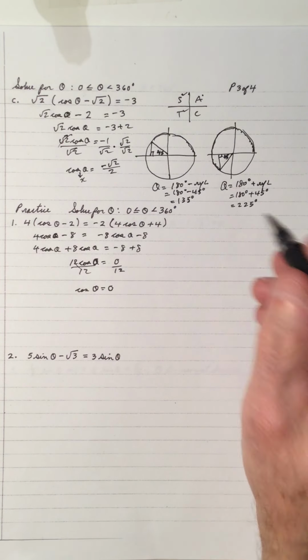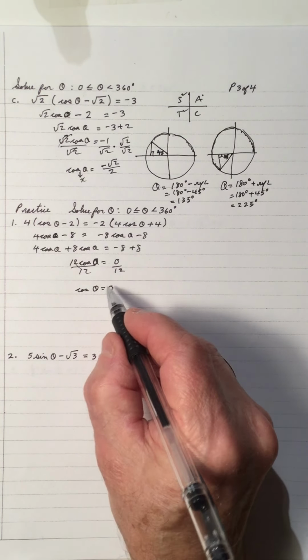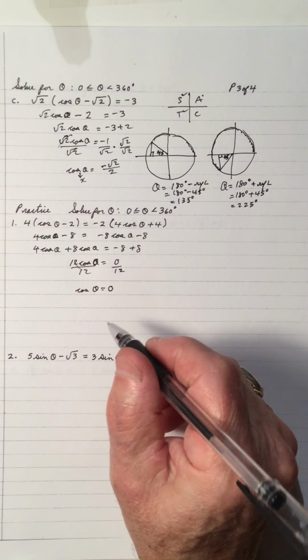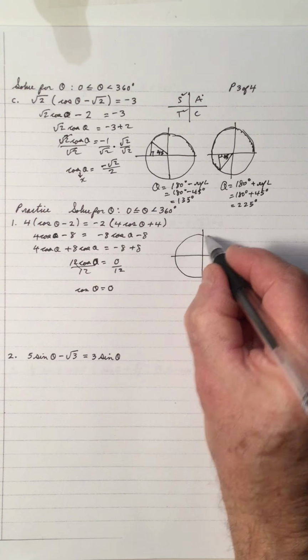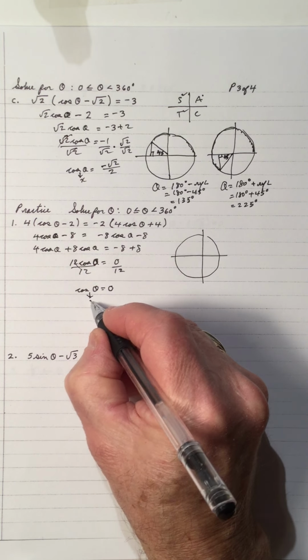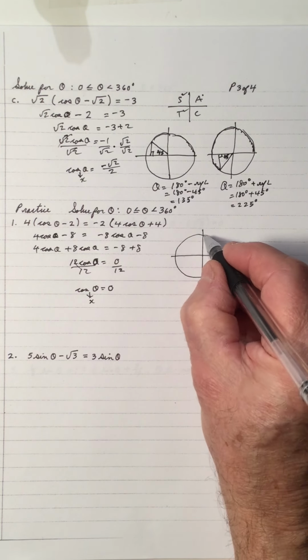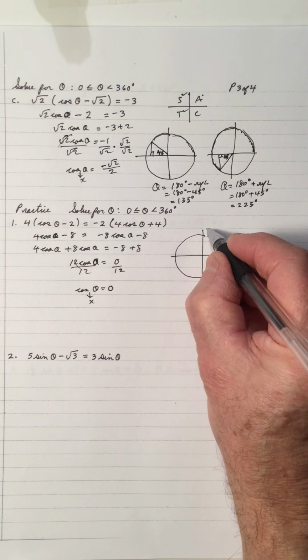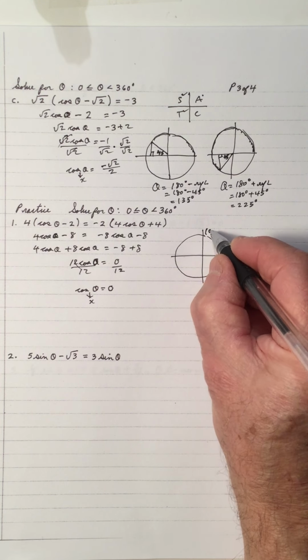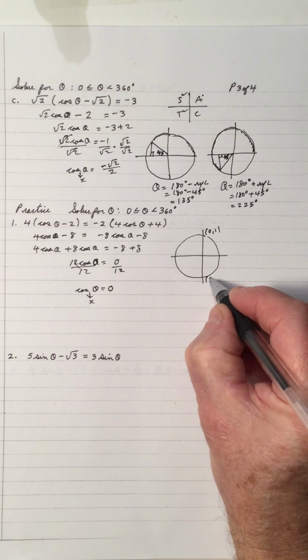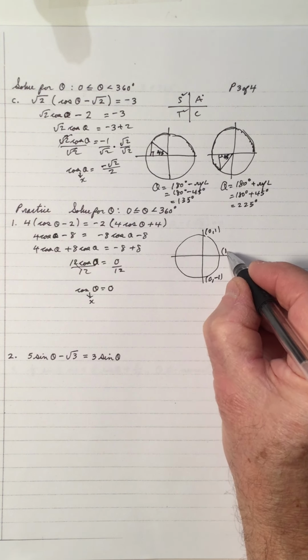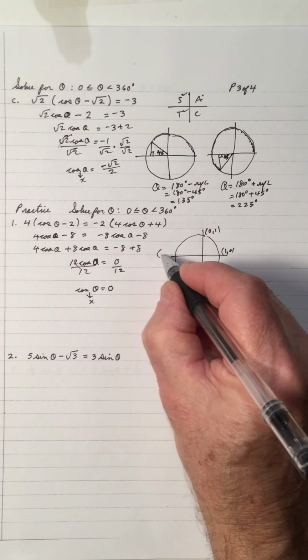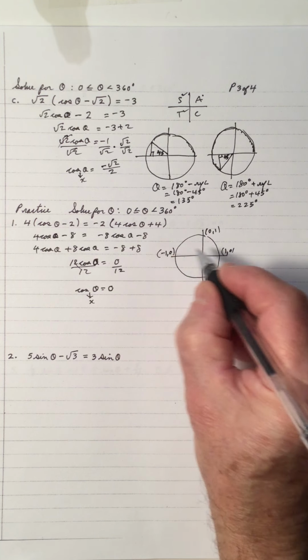So we've got 0. So if you get a 0, 1, or negative 1, then you just got to draw the circle. And again, cos is the x. So the x is 0, so that happens. X is 0 right here. Remember, x right here is 1, y is 0, and over here, x is negative 1, y is 0.